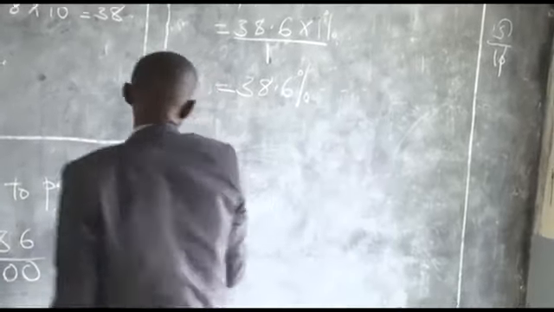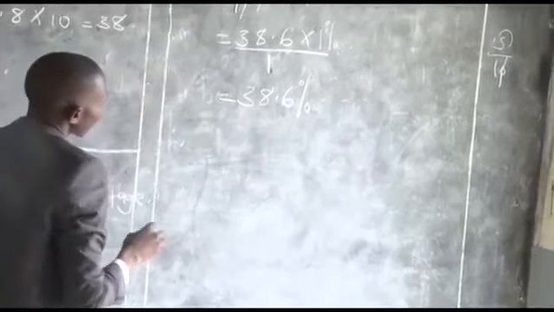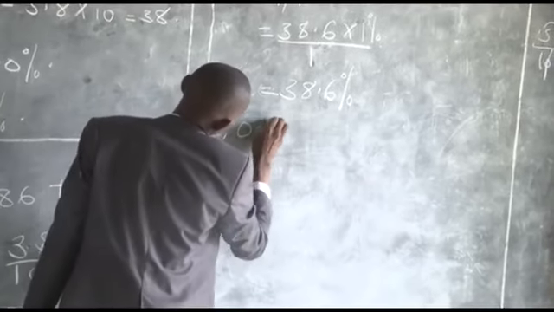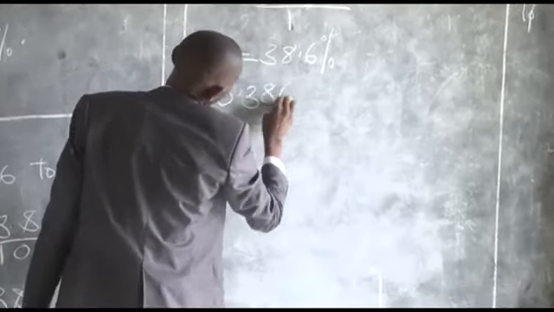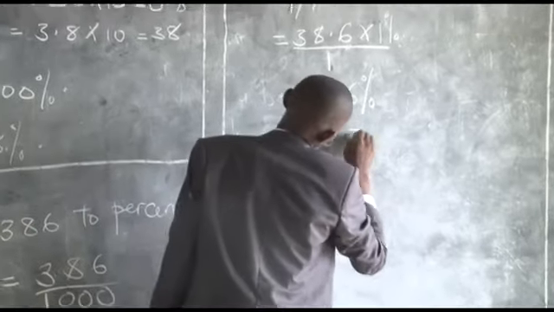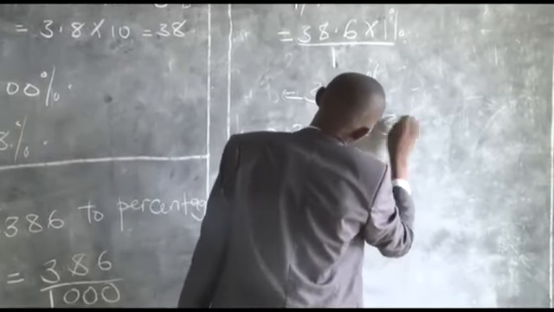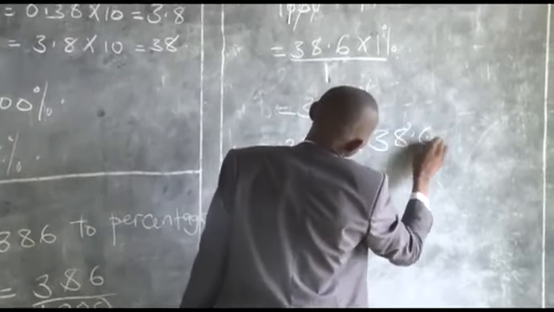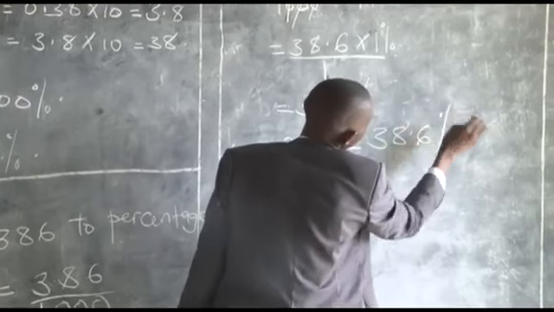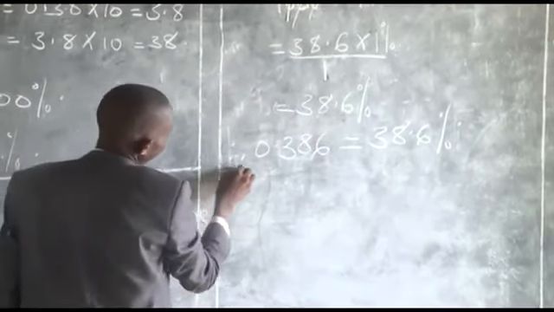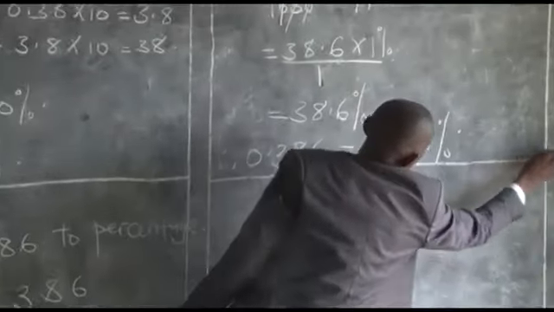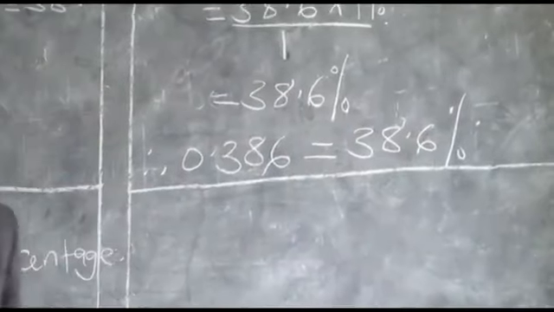So I'll come and say, therefore, 0.386 is equivalent to 38.6%. That is the last step on the second example.